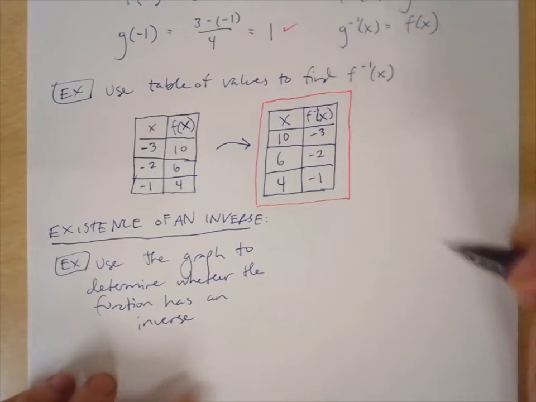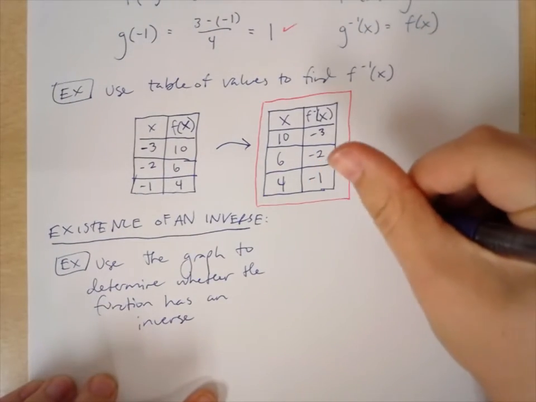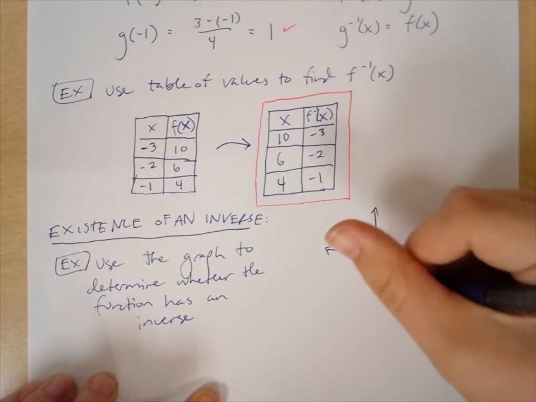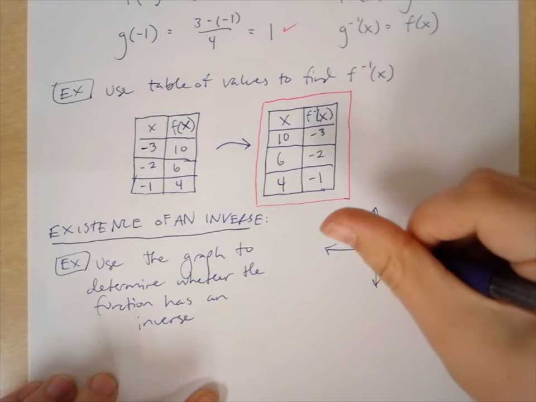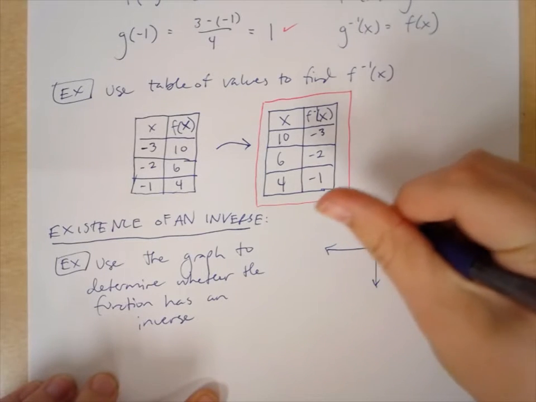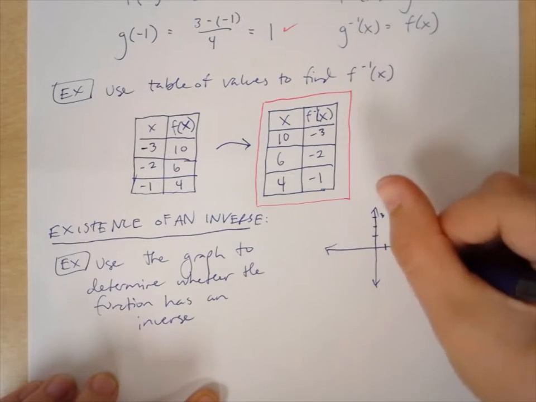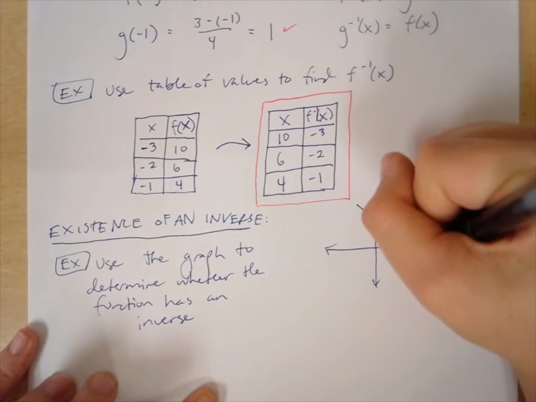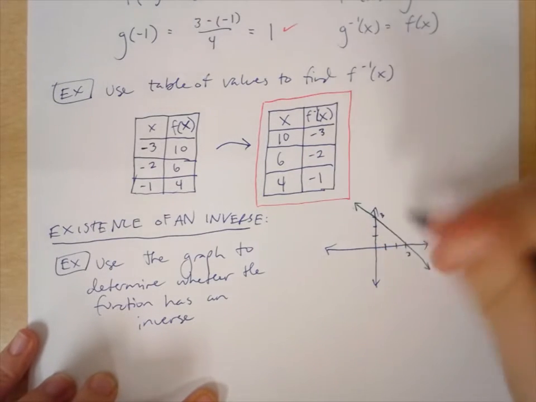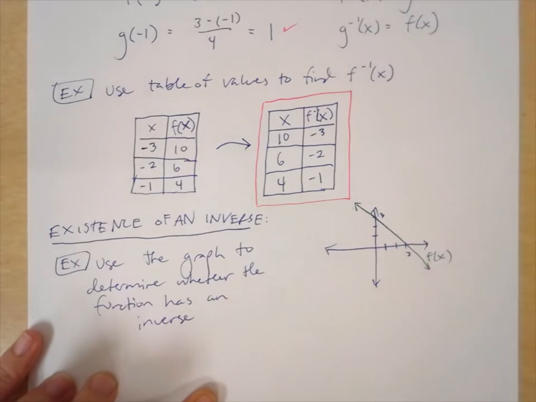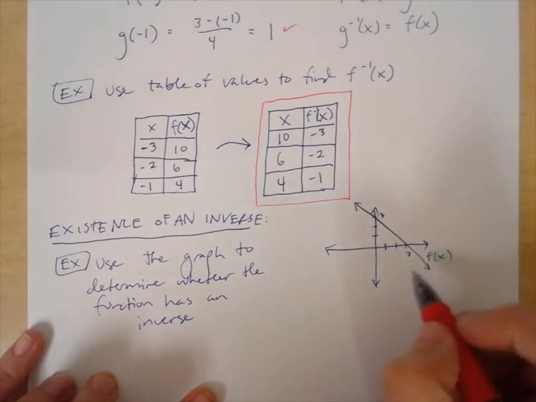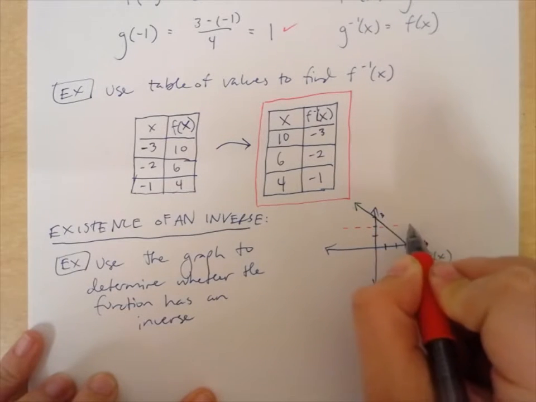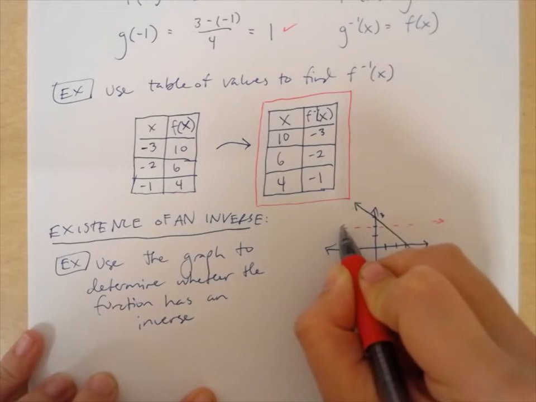So, if we have the following function, and I'm not sure, maybe if we just had, let's call this 3. If we had a straight line, and that was our f of x, what we could do is perform the horizontal line test, which means we put a horizontal line through our function.